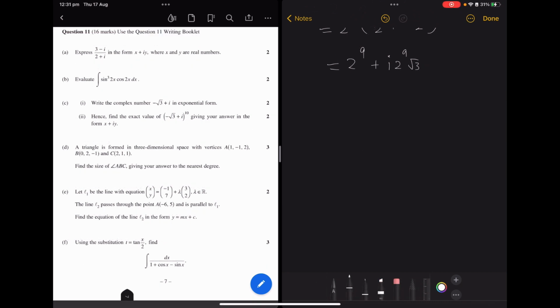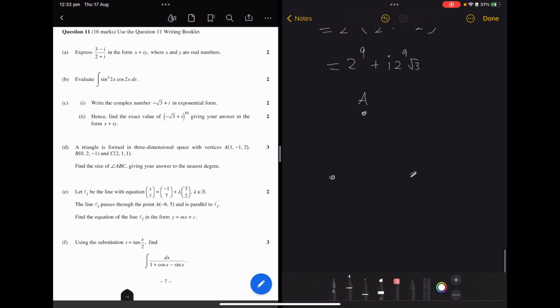So next for part D, we have a triangle formed in 3-dimensional space with vertices A, B, and C with those coordinates. Find the size of angle ABC, giving your answer to the nearest degree. So we have a set of 3 points in three-dimensional space. I'm going to write them here.